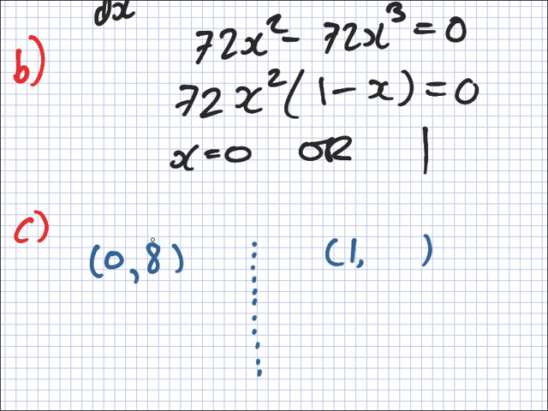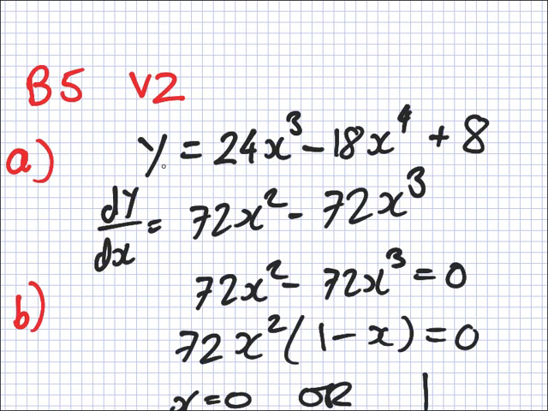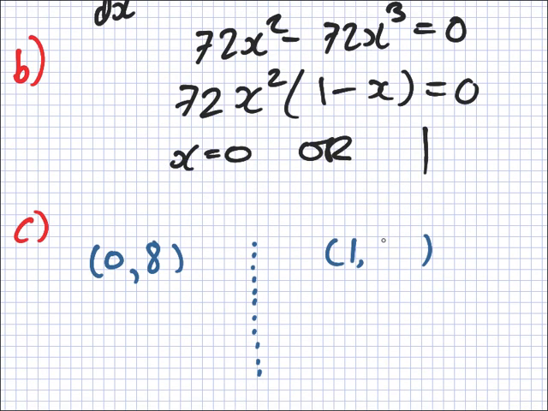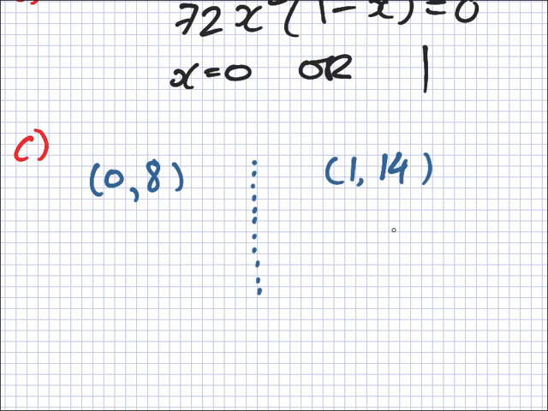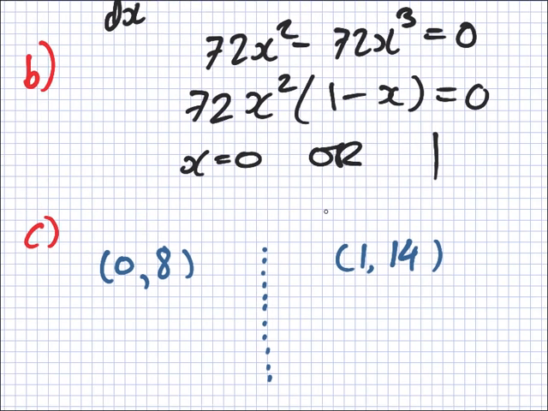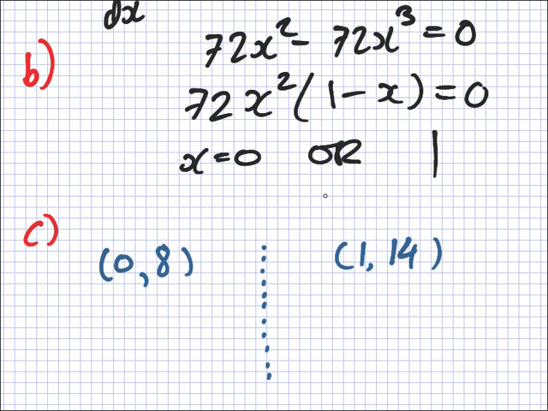And when I put 1 in, what do I get? 14, I think. 14, right? Okay. How do I determine the nature of these points? I need to calculate another derivative.